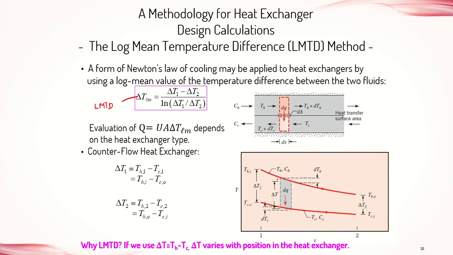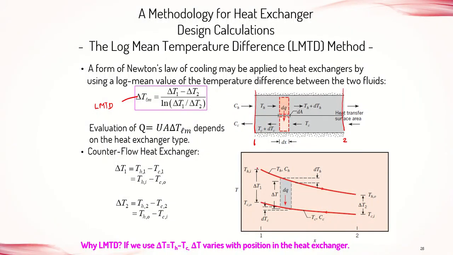Let's say we draw a graph. 1 is the position in the heat exchanger. It doesn't correspond to inlet and outlet; it corresponds to the location or position of that particular inlet or outlet, as in this picture here.